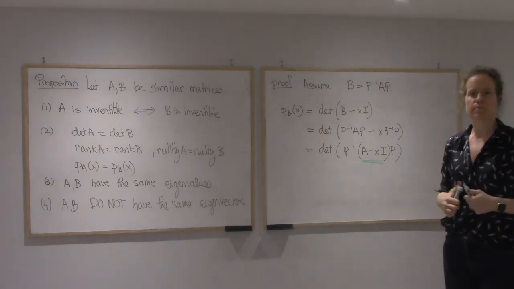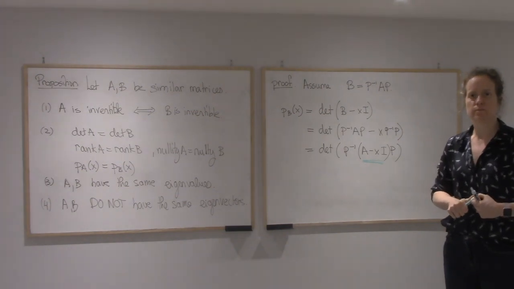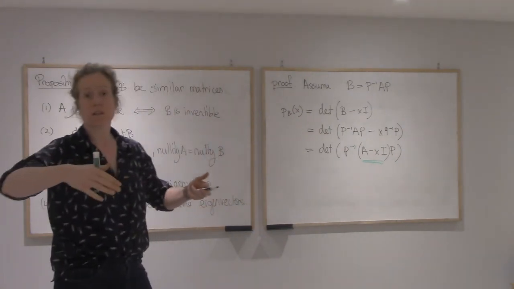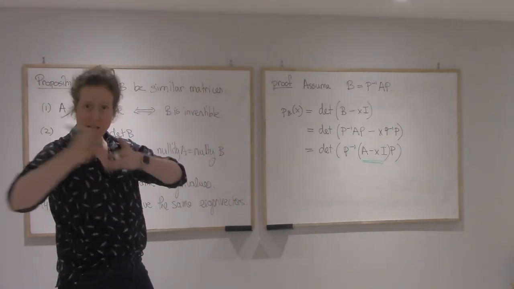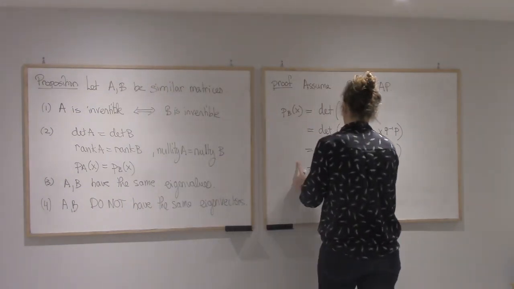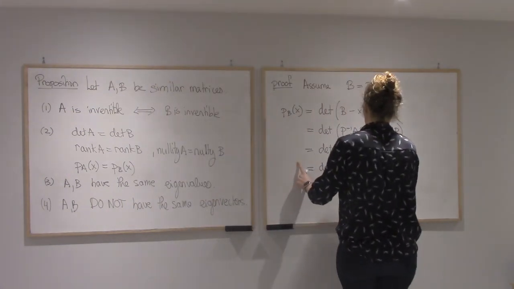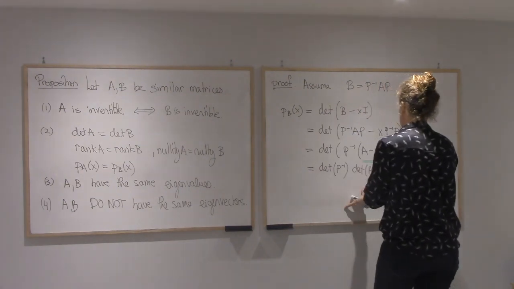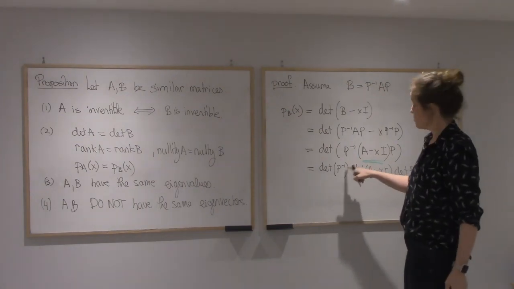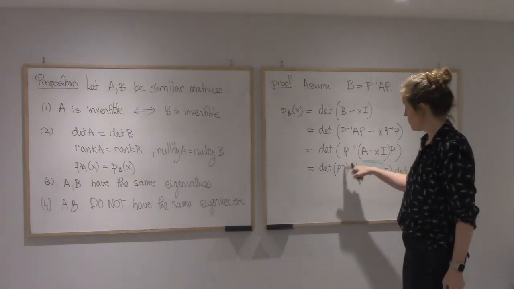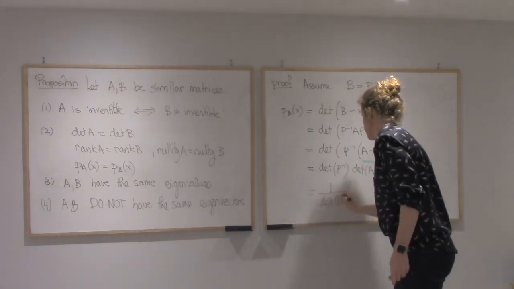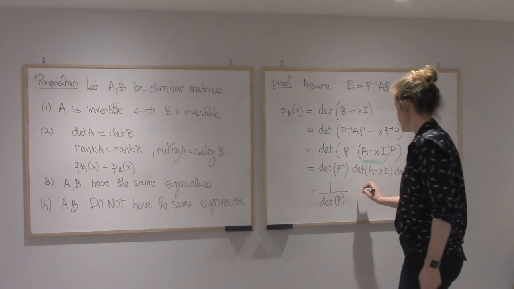Any ideas? Yeah, I should use the properties of determinant. I can split a determinant of a product. So I'll get determinant of P inverse, determinant of A minus xI, determinant of P, and then the last property I need is that the determinant of P inverse is 1 over determinant of P. Remember, these are numbers.